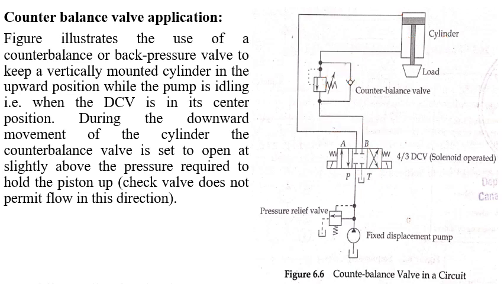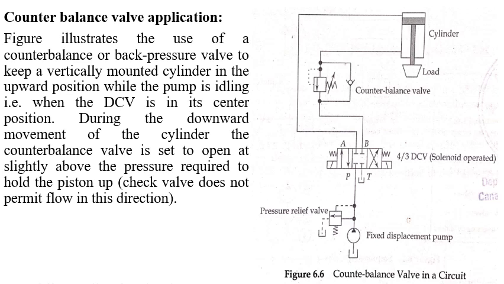And the third one is the neutral position or suspension of the cylinder. Look at this, all four ports are shut off or closed when the 4/3 DC valve is shifted to the middle position or middle mode. That is called the neutral position. The cylinder is held in a suspension state.